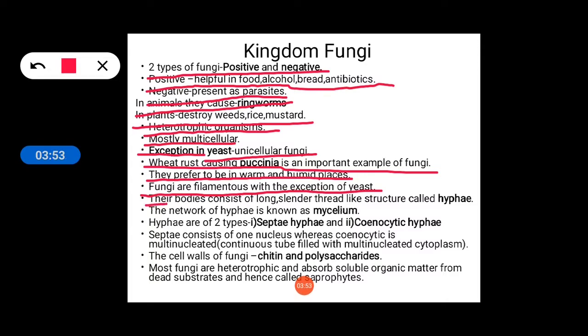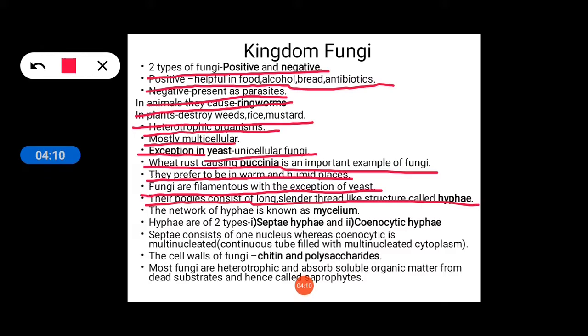Their bodies consist of long, slender, thread-like structures called hyphae. A single long, slender thread is known as hypha, and it is present in the bodies of the fungi.